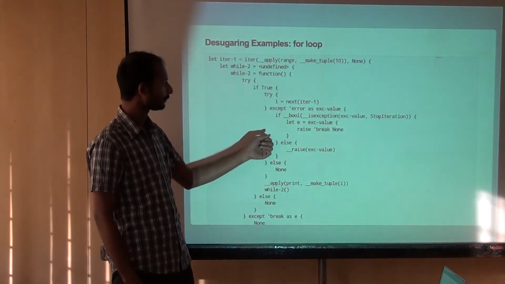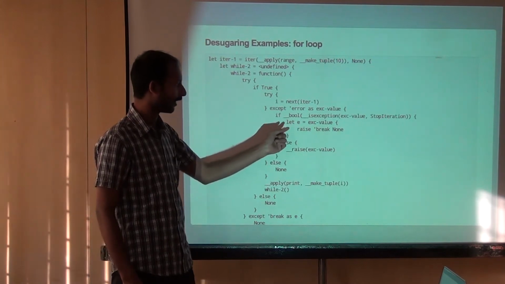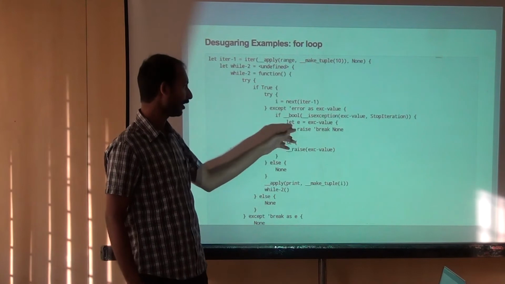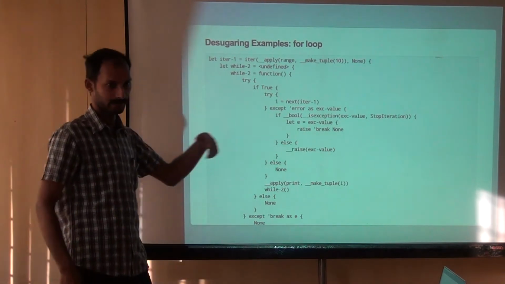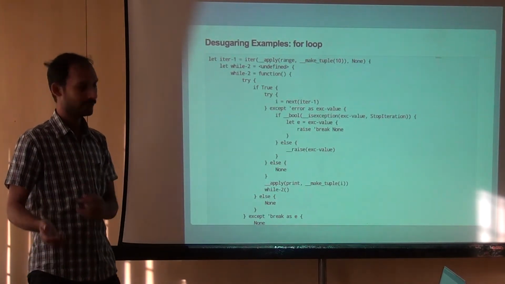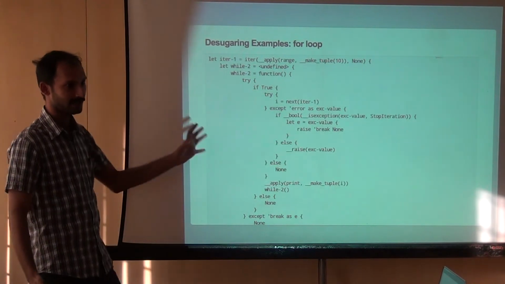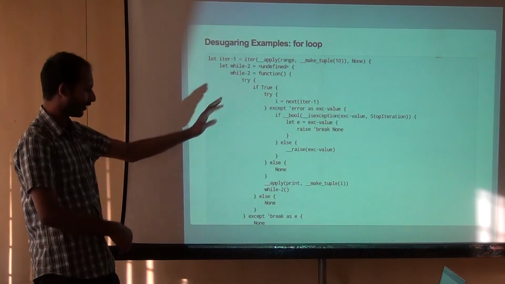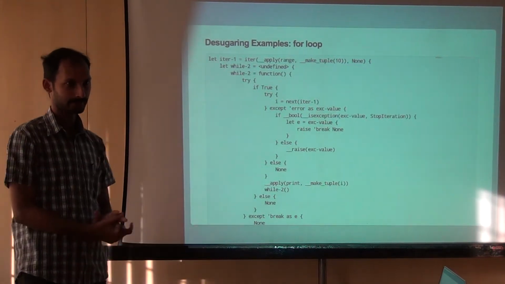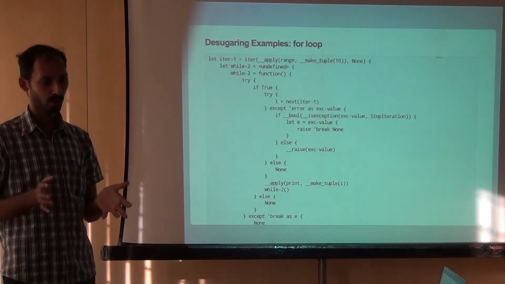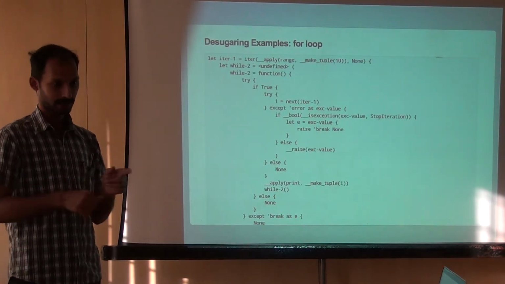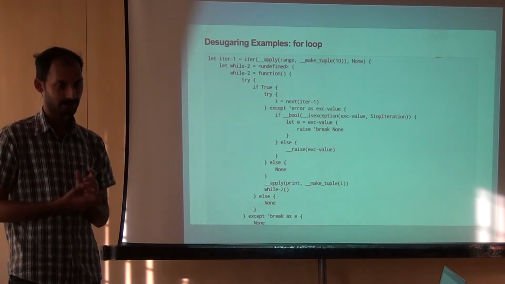If it is of that type, then take that as e and then it's a break. Break means raise break, and it doesn't have any exception error value, so it's none. That's how exceptions are desugared, and then the remaining while piece will come. That's the core part of the implementation. I don't have more slides, but I'll show some examples and how it works.